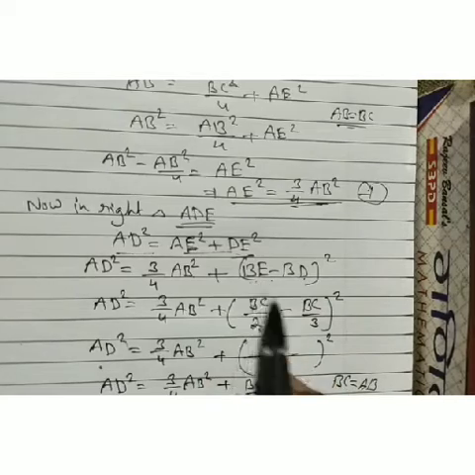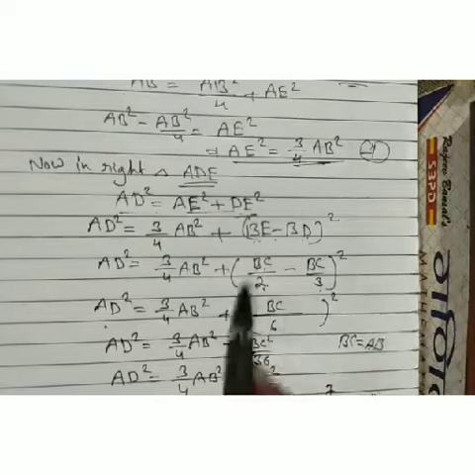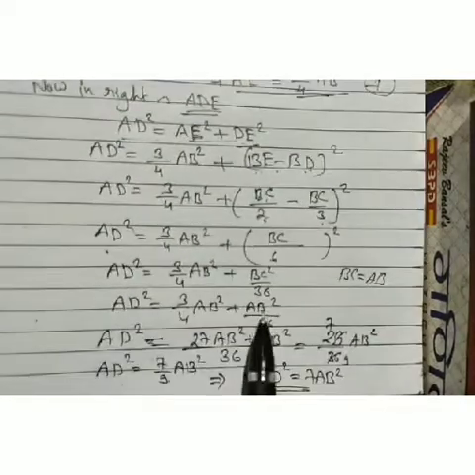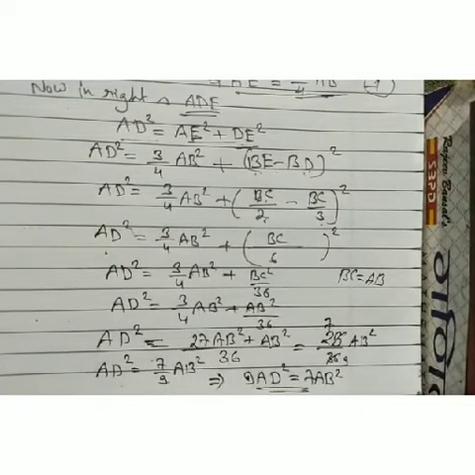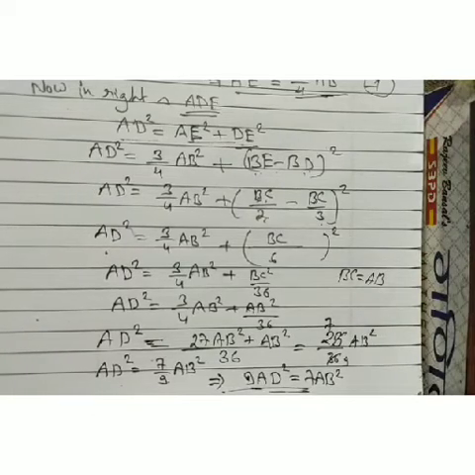We put the value of BE as BC by 2, and BD is given as BC by 3 there. Then we solve this part taking LCM, and we get BC square by 36. After that, we again take LCM and change BC by AB, and we get the required 9 times AD square equal to 7 times AB square.